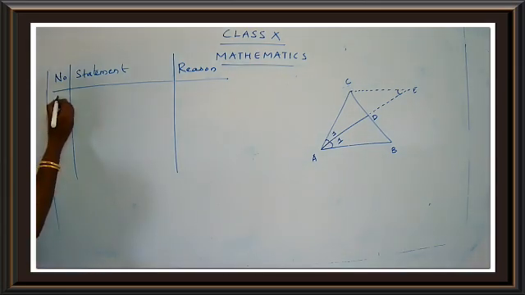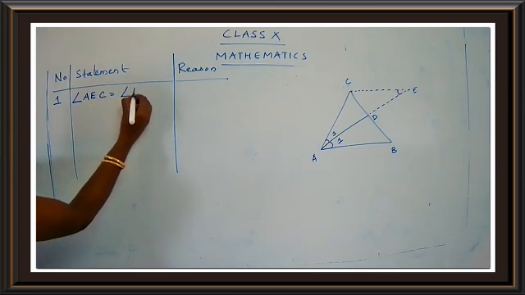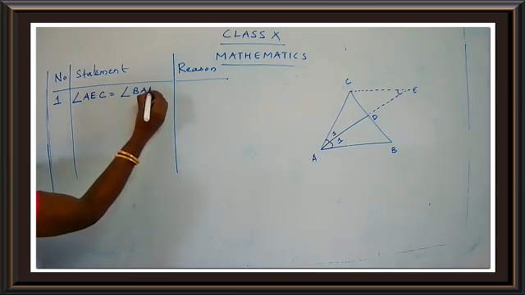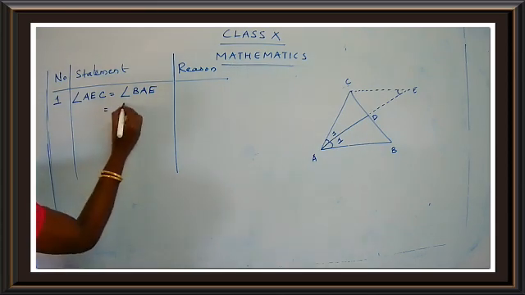And the first one, write down angle AEC is equal to angle BAE, and this angle is equal to 1.